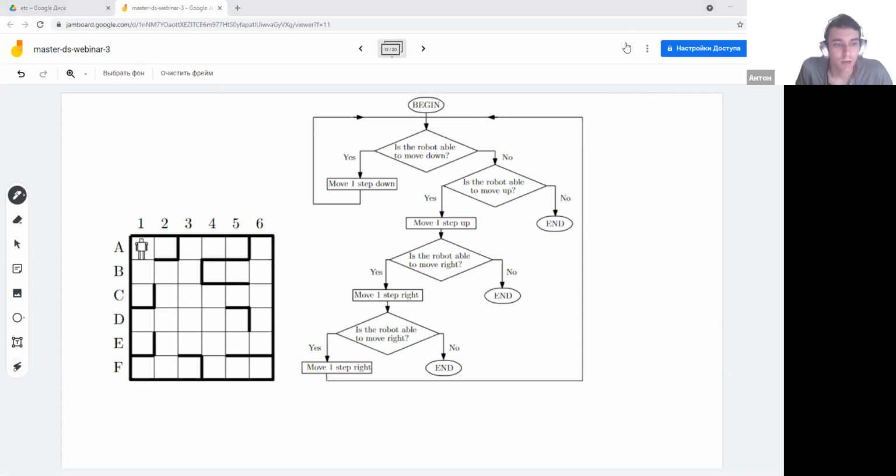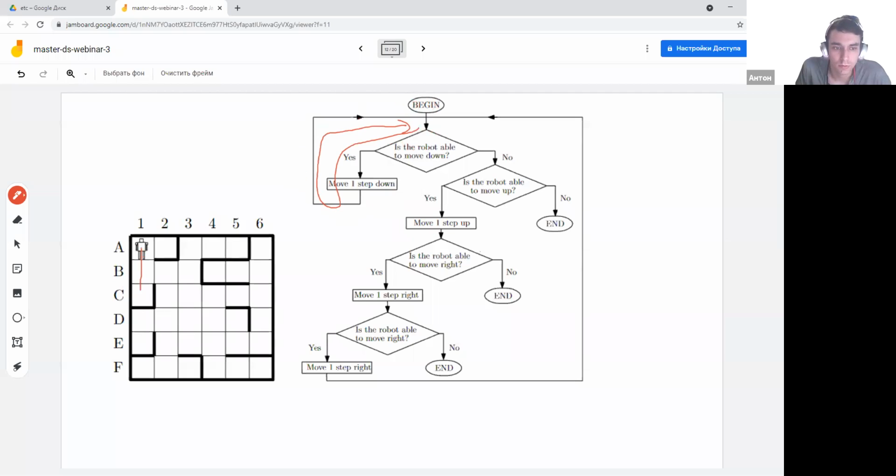Okay, so now I will continue solving the problem number 12. So let's see what happens. At first, the robot checks if it can move down, and if yes, it moves down and then repeats everything. So we have this very first loop here, which means that the robot would move down while possible.